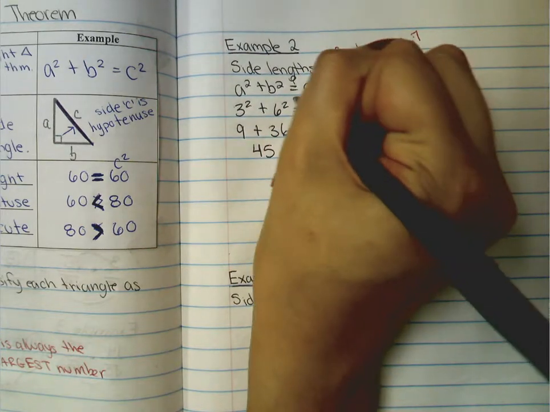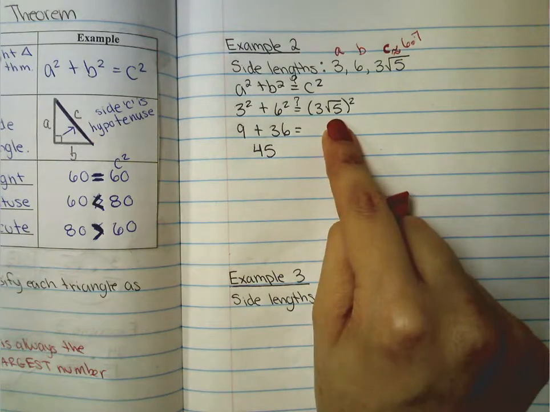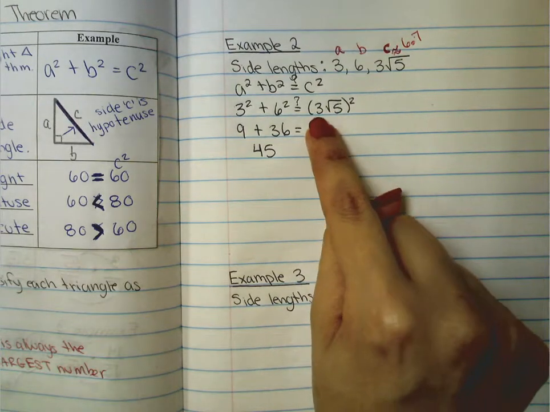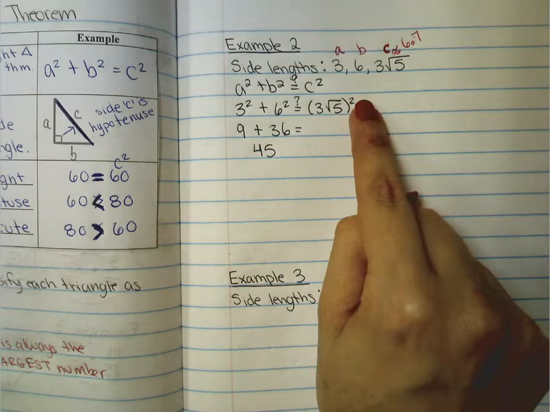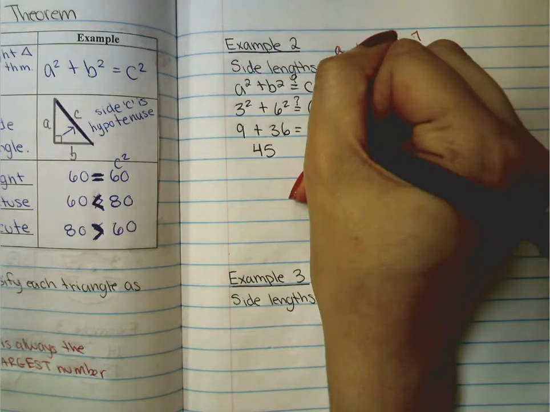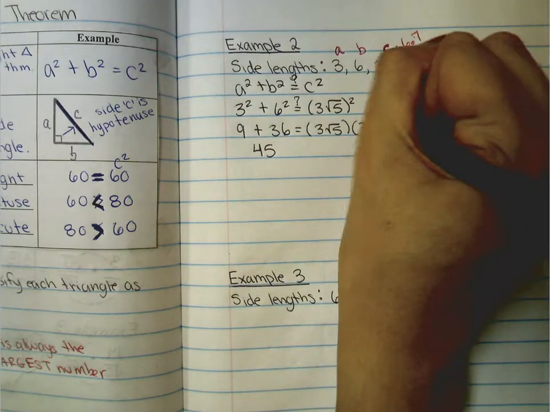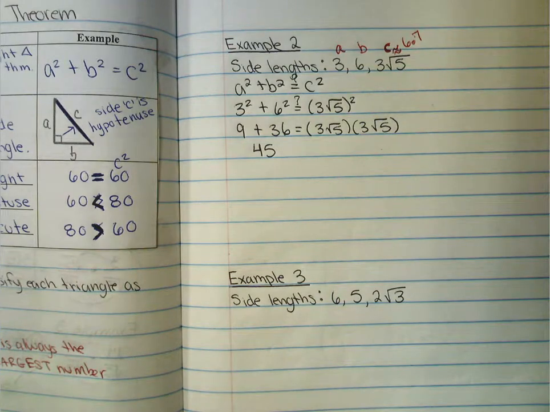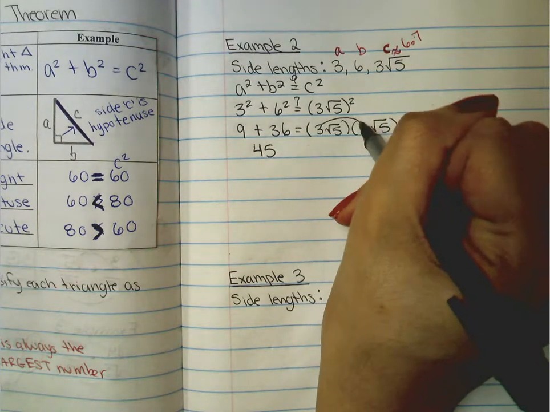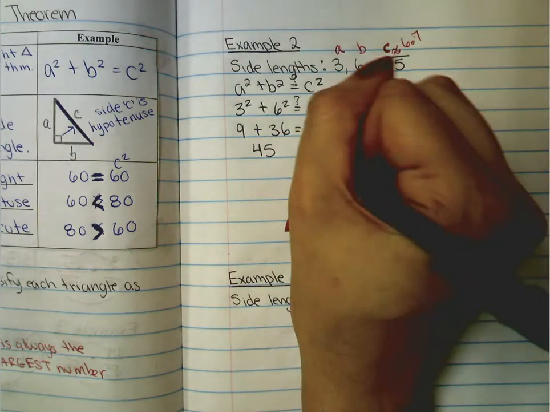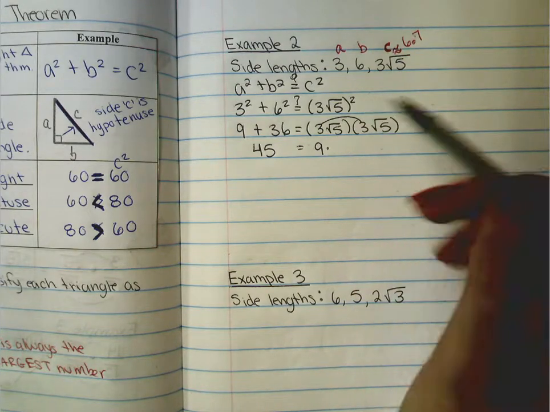So again, I'm trying to determine whether they're equal or not. This is what we were doing during the last section. The 3 square root of 5 squared means I'm multiplying this quantity twice. So I'm going to expand that. I'm just going to write it twice so I can show you what work I'm doing. For this side, the 3 times the 3 gives me 9. Then I have to multiply the radicals together.